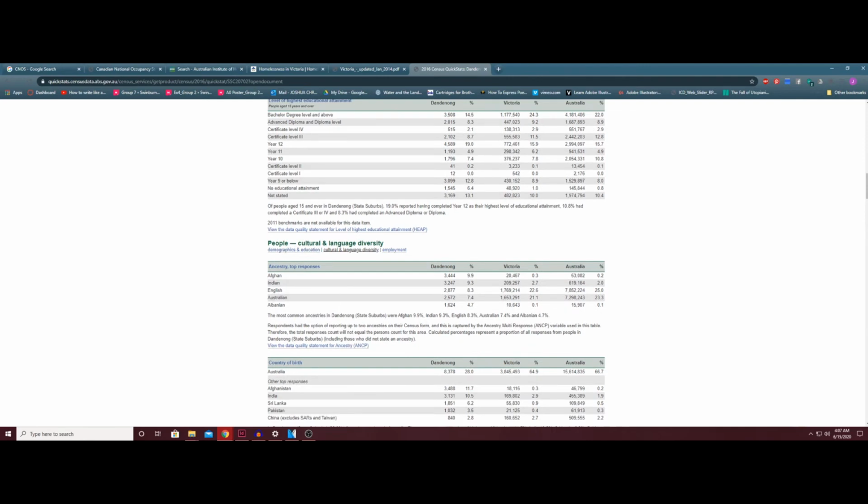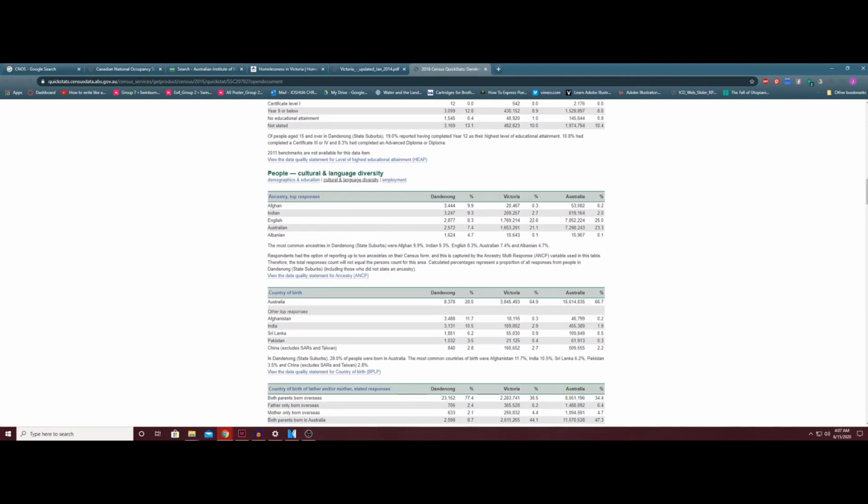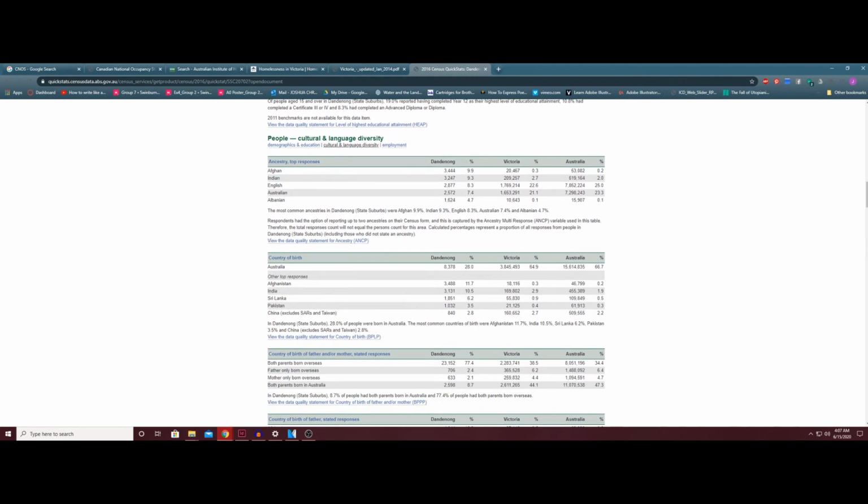People, cultural and language diversity. Why is this important? Because again, Melbourne is a multicultural city and it's a multicultural suburb. So it means that there are some considerations: people who live there are not Australian. We found out that most of the people there are coming from Asian countries, which are common to have 2 or more people in one single bedroom every day, every night.